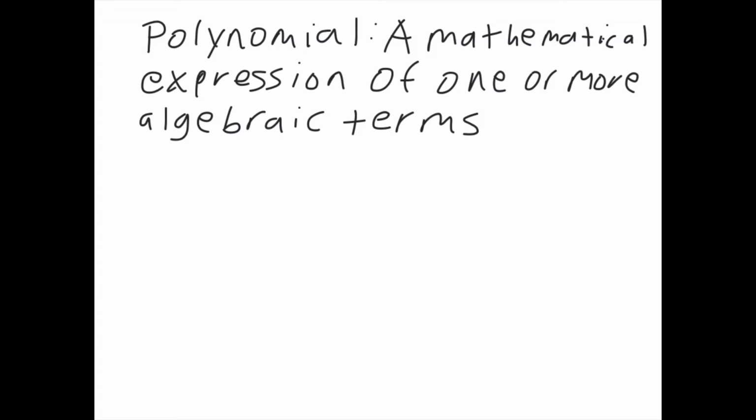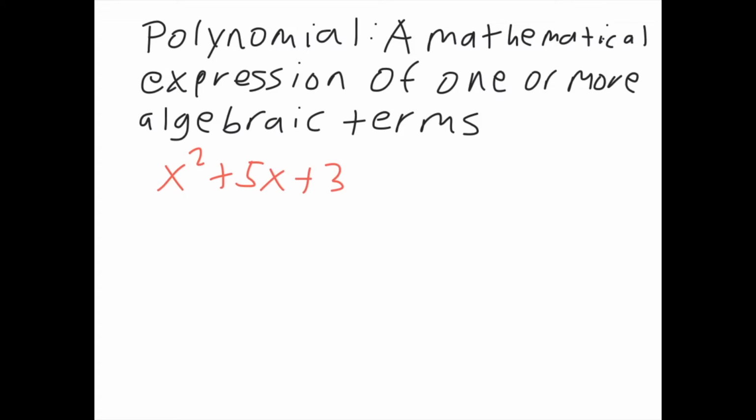A polynomial is a mathematical expression of one or more algebraic terms. So here are some examples. Let's say we have x squared plus 5x plus 3. So this is an example of a polynomial.